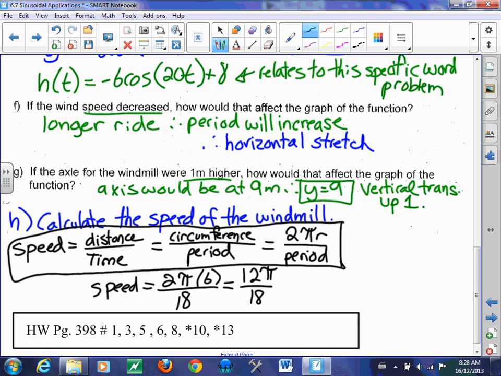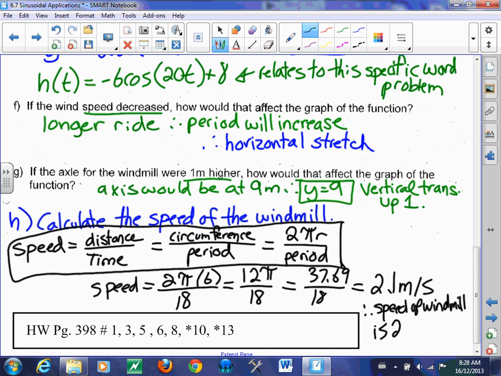Do your calculations, and that's going to give you, I believe, something like 37.69 divided by 18 if you've done the numerator. So it should be 2.1 meters per second. So if you can do a therefore statement, therefore speed of windmill is 2.1 meters per second. Not that fast, lucky for Dawn.